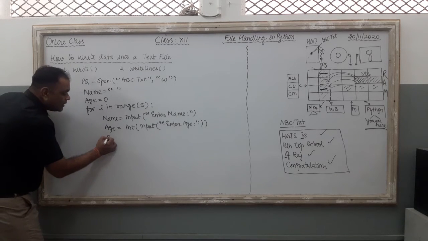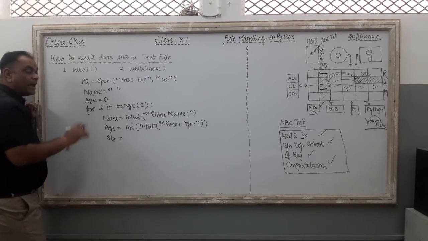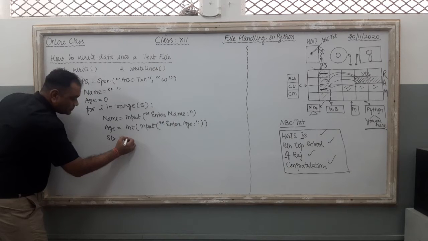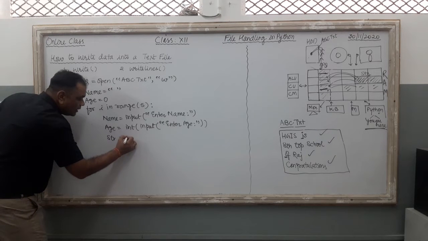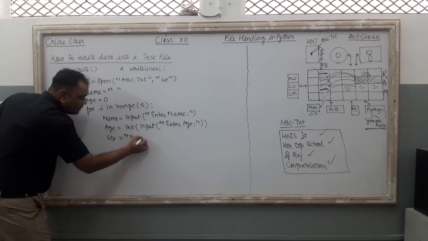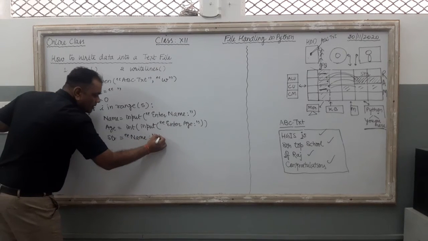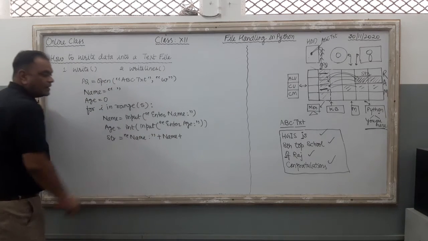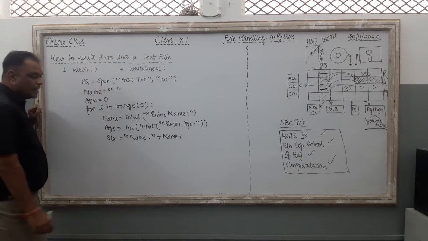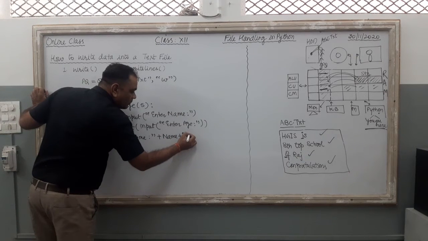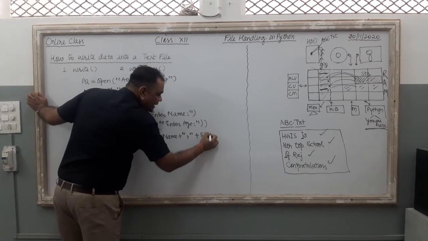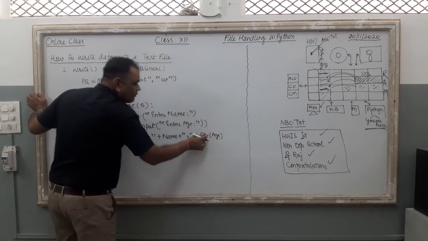Now I just create one string variable str. उसमें मैं ऐसे अरेंज करूँगा जैसे मुझे डाटा चाहिए. str equal to, just see, I am going to write this one, name colon plus name. I am going to create the string, just see, right? Plus comma, then plus str age is converted into string.